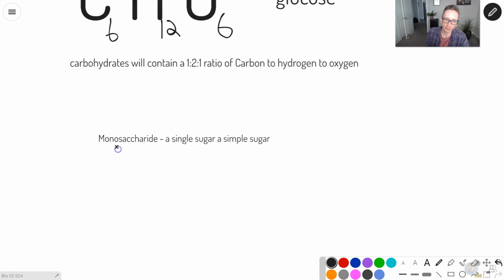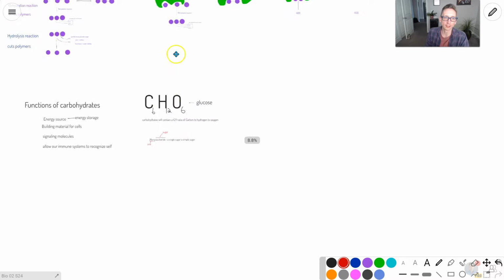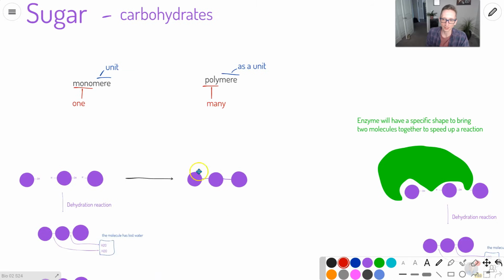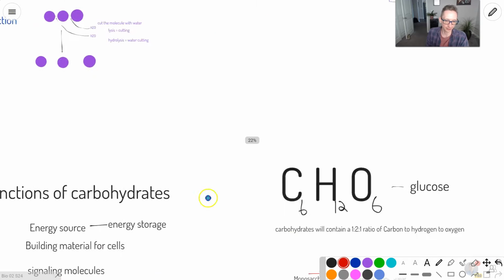Right? Saccharide means sugar, and mono means one. So one sugar. So this right here would be a monosaccharide, let's say. And this would be, you guessed it, a polysaccharide.